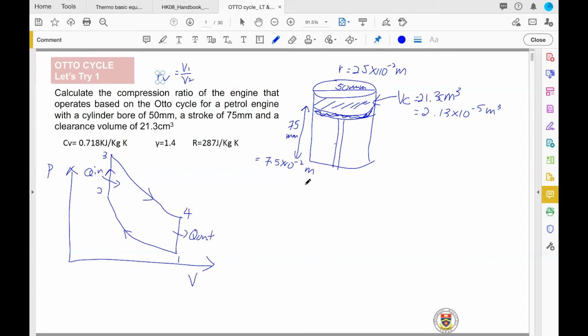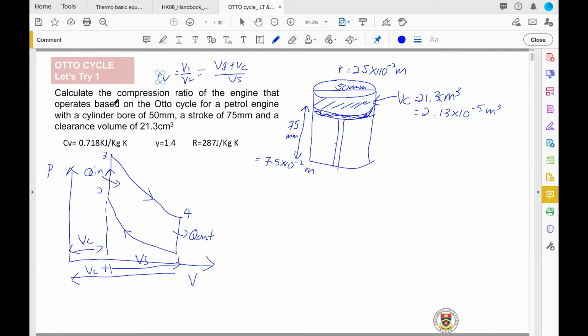All right, so why are we using V1 over V2? If you look here, this is our Vc. Here, this is actually Vs plus Vc, and this point is our Vs. So I will say rV equals Vs plus Vc over Vc.